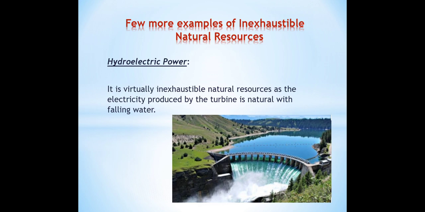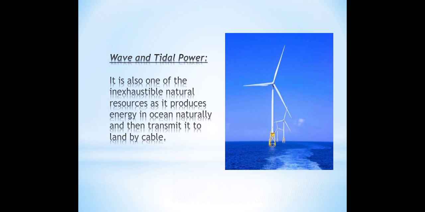Hydroelectric power is virtually inexhaustible as the electricity is produced by the turbine with falling water. You can see from the picture that electricity is produced with falling water, and this is completely natural and unlimited. The next example is wave and tidal power.